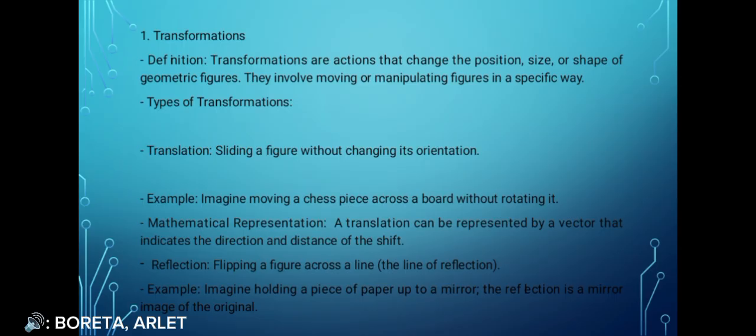Mathematical representation: a translation can be represented by a vector that indicates the direction and distance of the shift. Reflection, flipping a figure across a line, the line of reflection. Example, imagine holding a piece of paper up to a mirror. The reflection is a mirror image of the original.